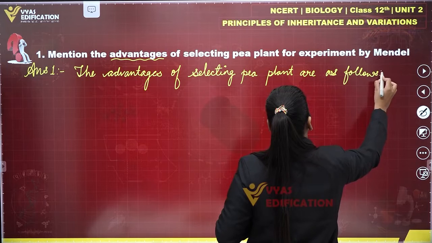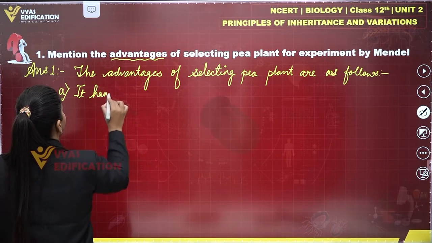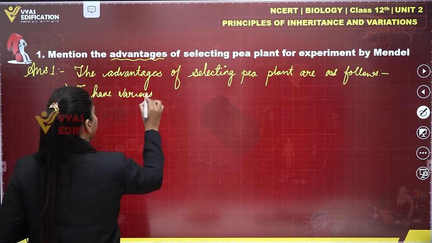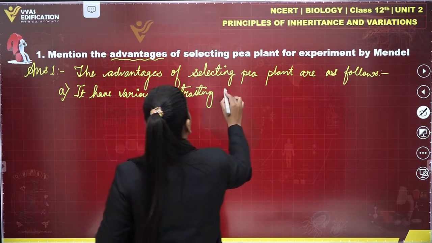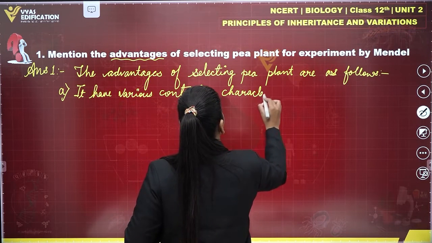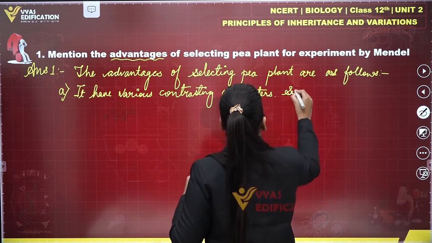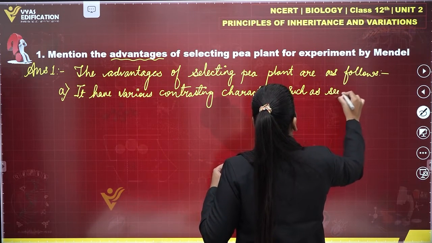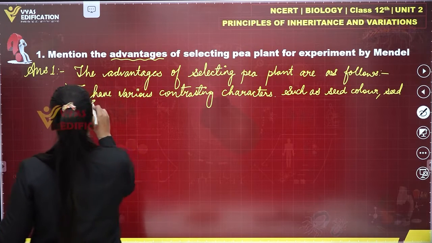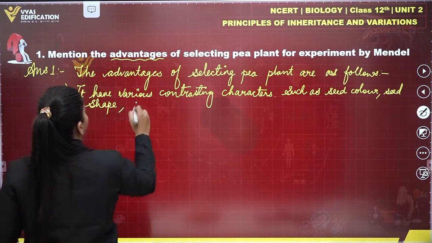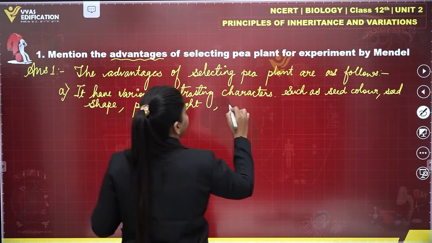Now we are going to write all the advantages here. The first one is that it has various contrasting characters, such as seed color, seed shape, plant height, and flower.